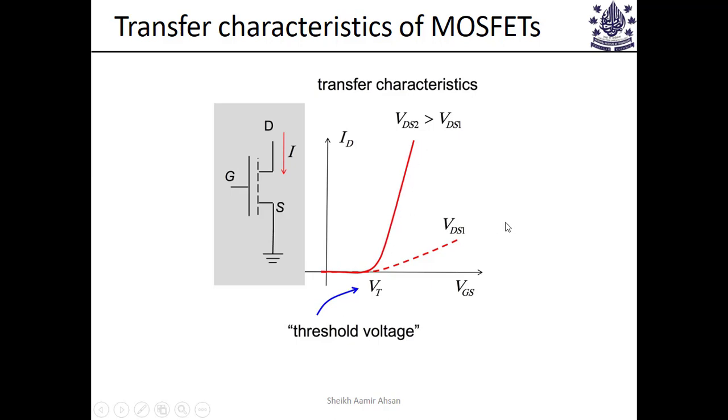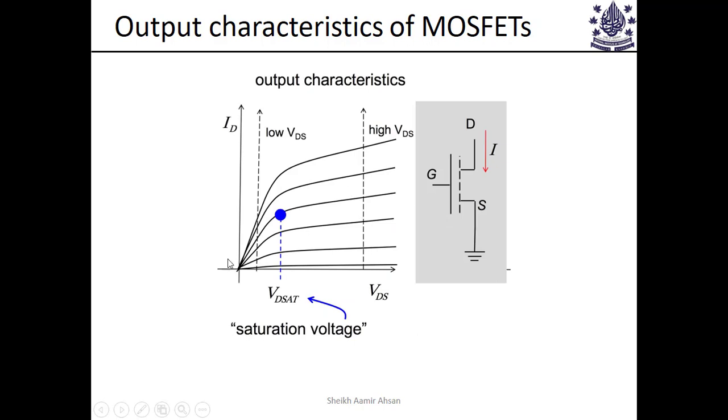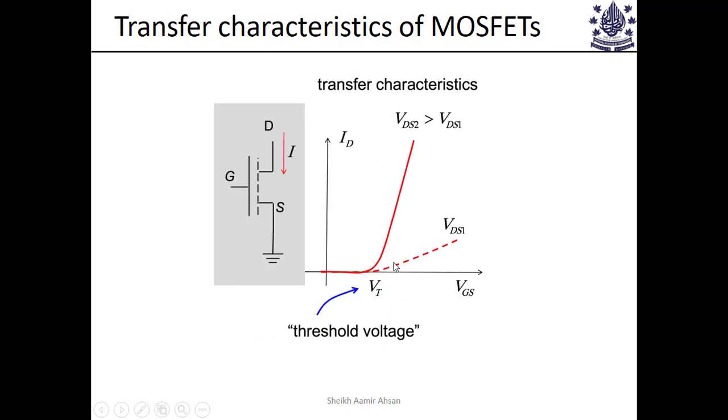Now remember the lower VDS in the previous case, for example this one. Basically it is this figure that is plotted in the next slide. This is the fixed VDS value. If we choose this value and see the different VGS values and plot the current, what we would see is this dashed curve.